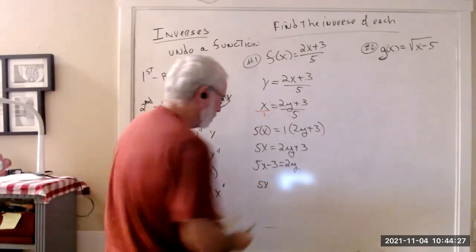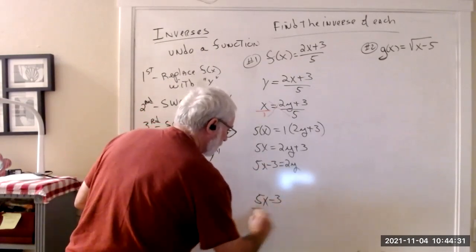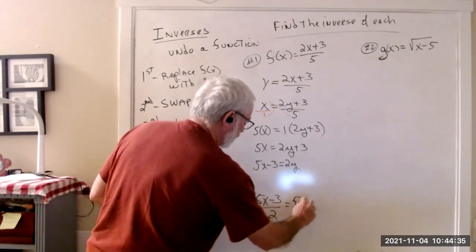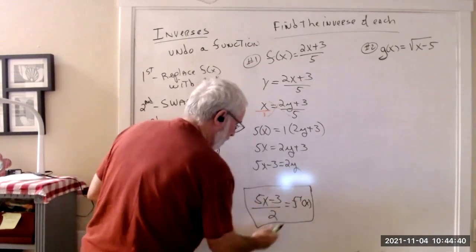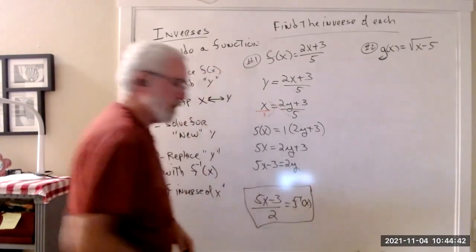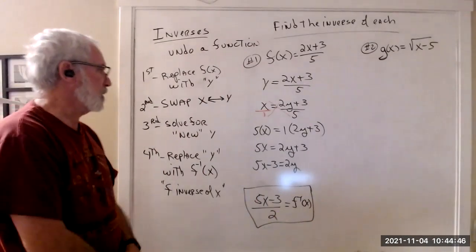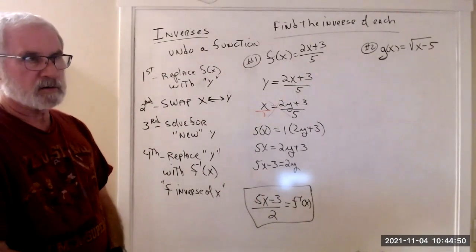Where's my glare? Okay. And change the y into f inverse of x. And that would be my inverse. It's still partially in the glare. Is that okay with everybody?